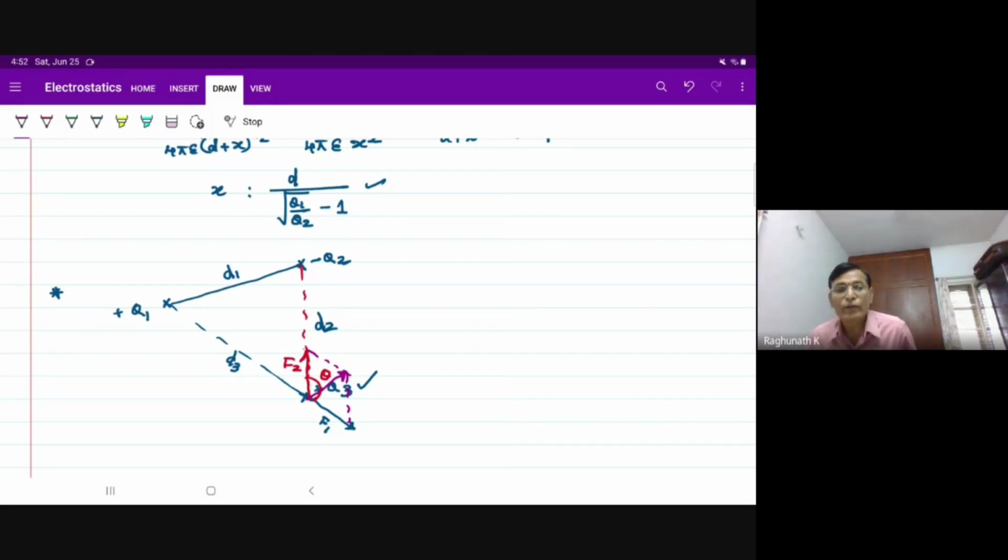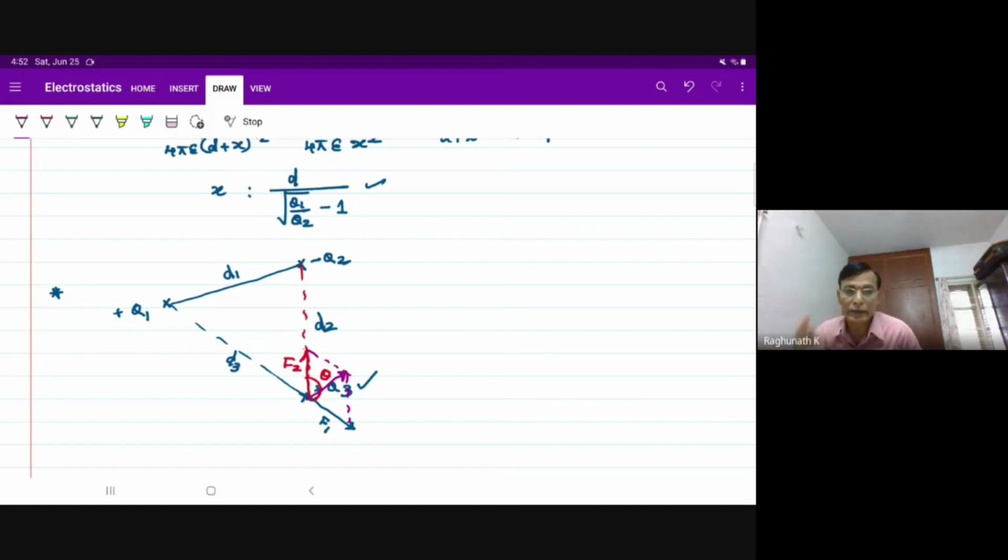And then the angle is alpha equals tan inverse of F2 sin theta divided by F1 plus F2 cos theta. Compute the total resultant force using the parallelogram law of vectors.